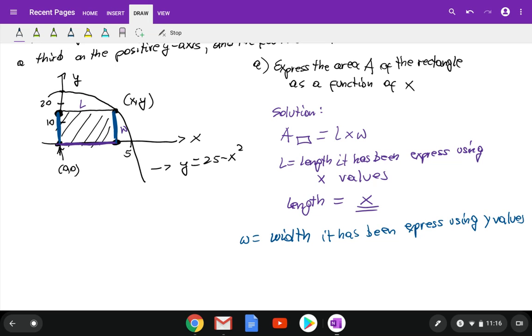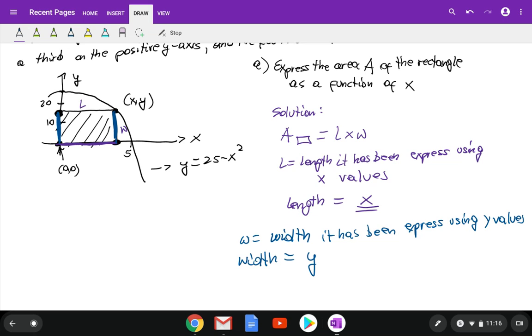So what's going to be the width of this rectangle? You cannot say it's 15, maybe it's 18, because we don't really know. So the width is going to be expressed using y.